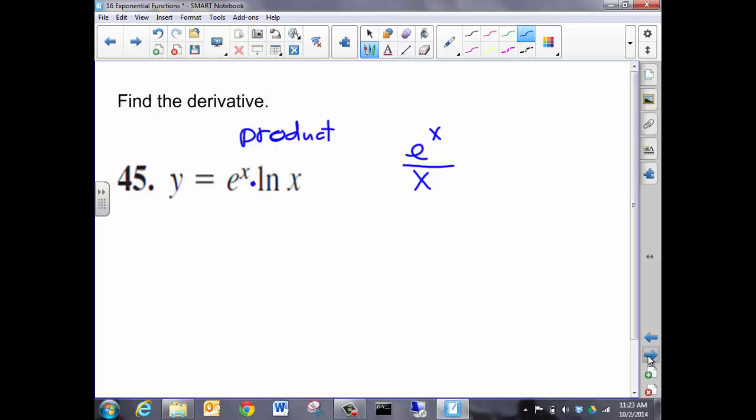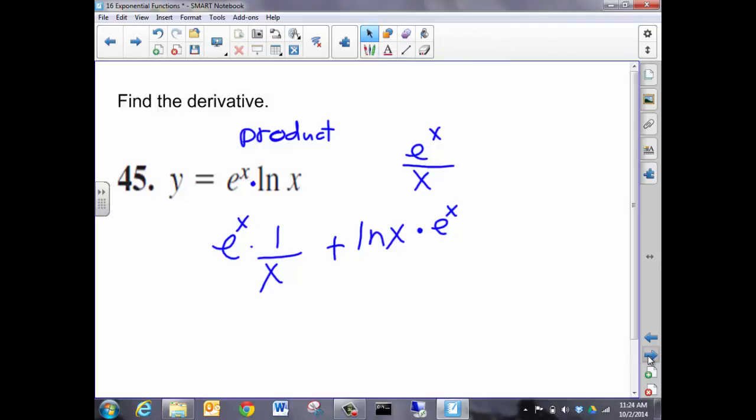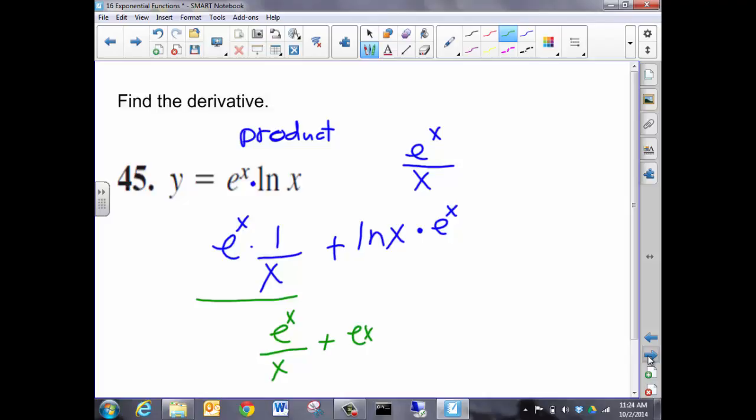So it's first, e to the x, times the derivative of second, 1 over x, plus second, ln of x, times the derivative of first, e to the x. Now, the derivative of e to the x is e to the x. So then we could simplify this first term to be e to the x over x plus e to the x ln x.